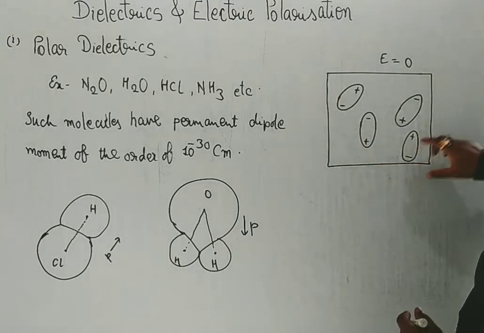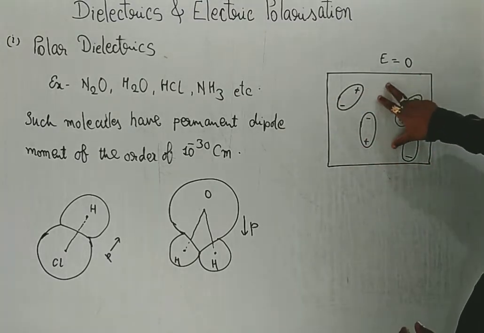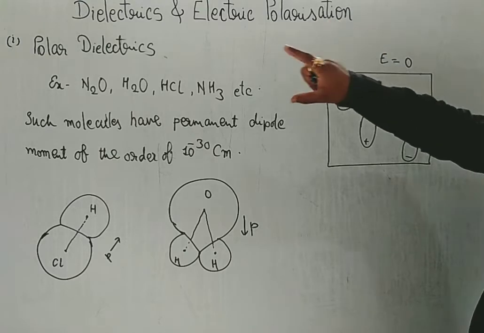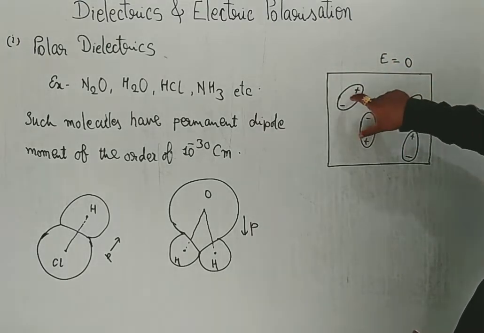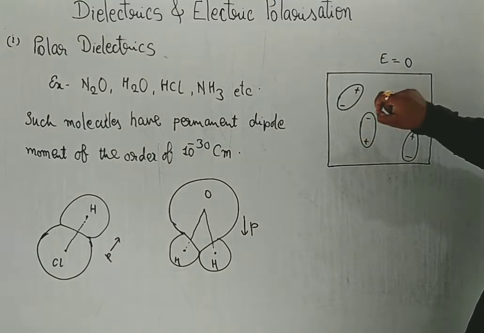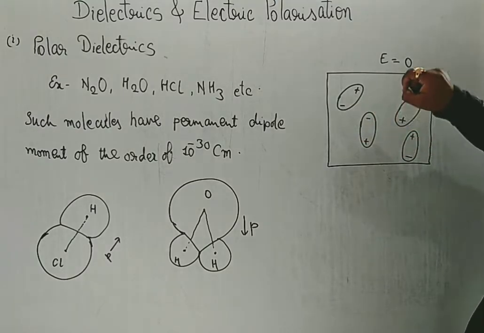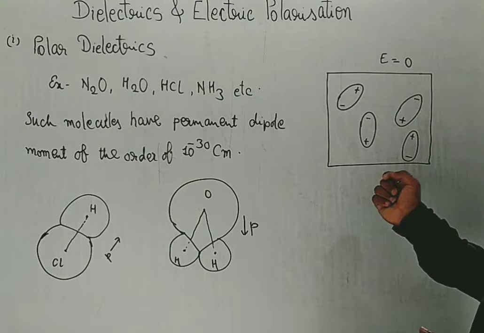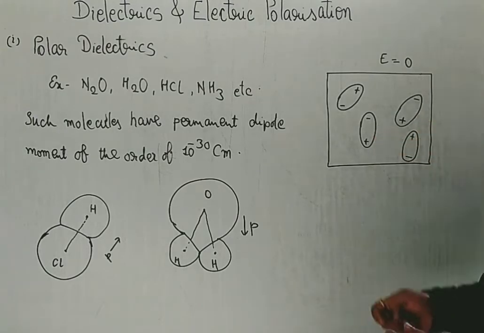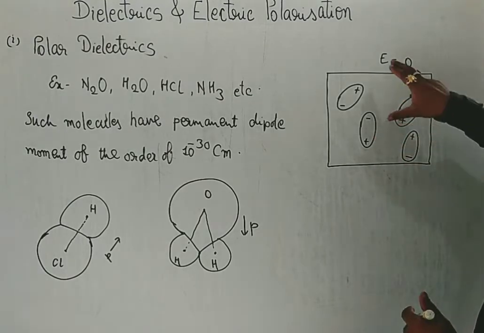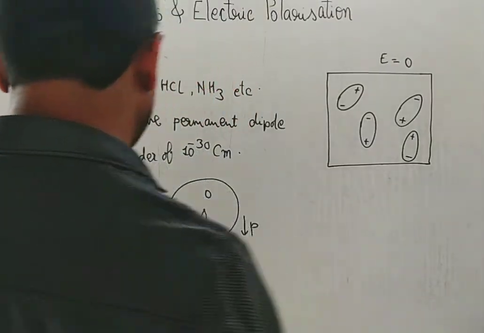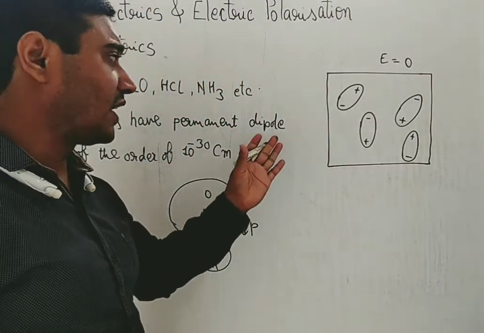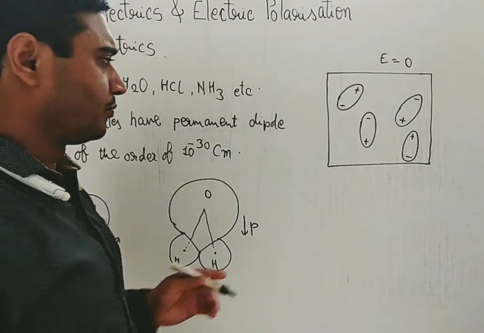So the arrangement inside this specimen of polar dielectric is such that the electric dipole moment of every molecule is cancelled with the next molecule within the slab. Hence, the average electric dipole moment per unit volume of dielectric is 0.